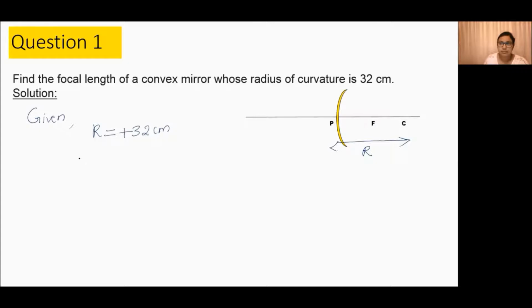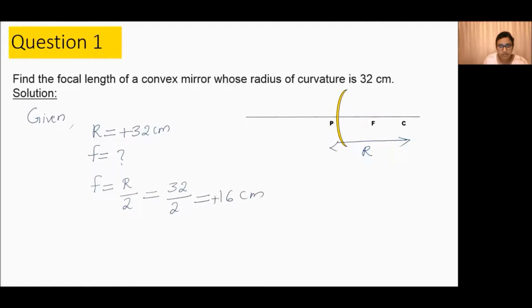So how to find the focal length? We need to calculate the focal length. There is a relation connecting focal length and the radius of curvature. F is equal to R divided by 2, which is equal to 32 divided by 2 gives 16 centimeter.